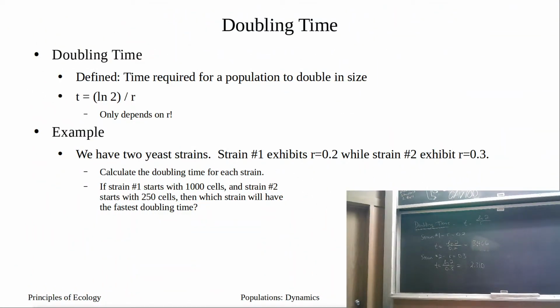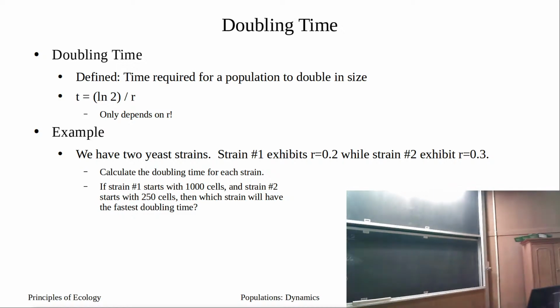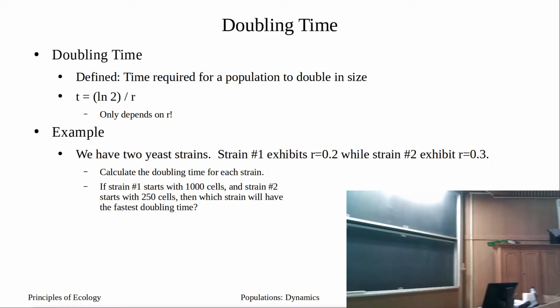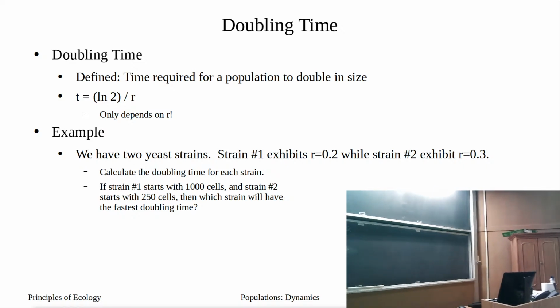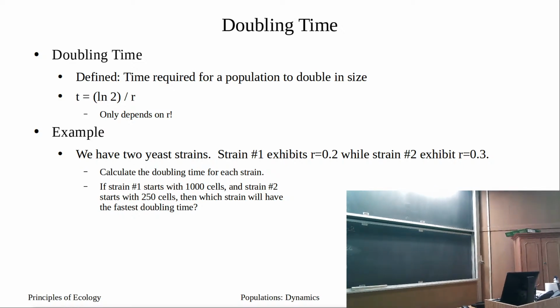Second question up here is, if strain 1 starts with 1,000 cells and strain 2 starts at 250, which strain will double its population size the soonest? Or, as I have it up here, which strain will have the fastest doubling time?